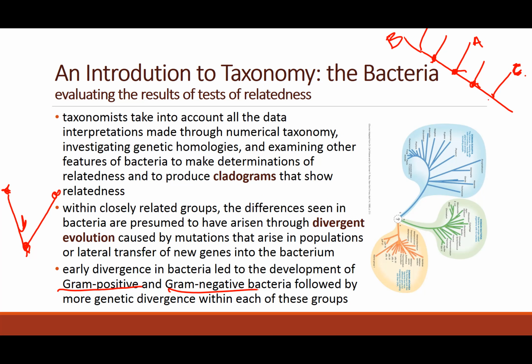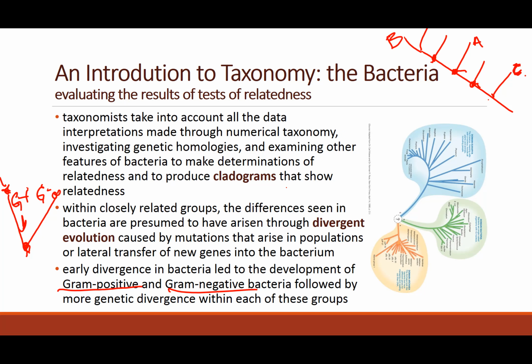And then within those two gram-positive, gram-negative groups that evolved early from a common ancestor, so if this is gram-positive and this is gram-negative, then there was further, I can't go back, but, yes, there I can go back.